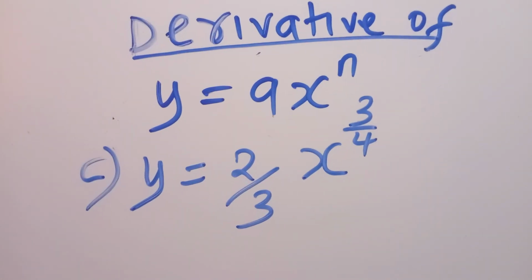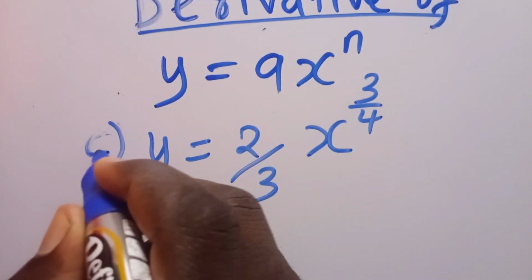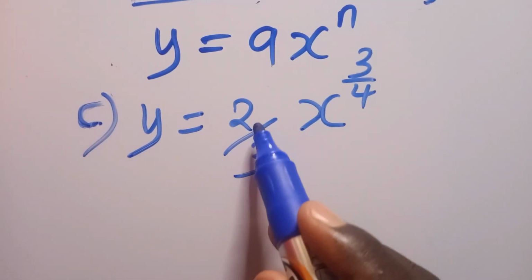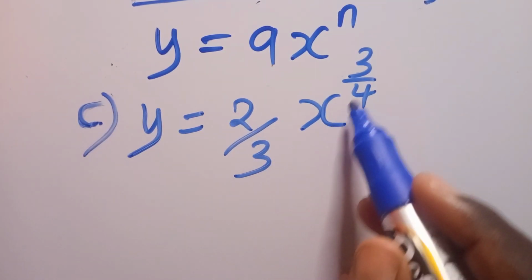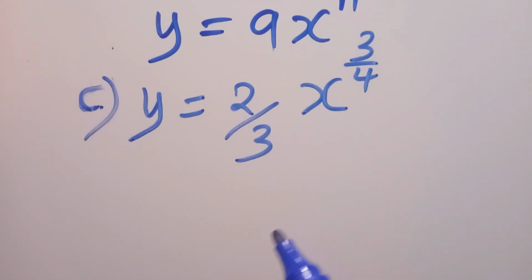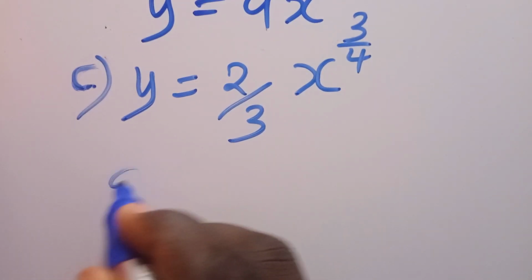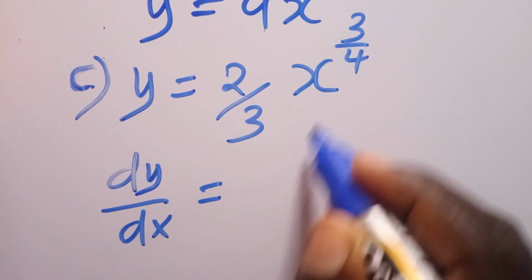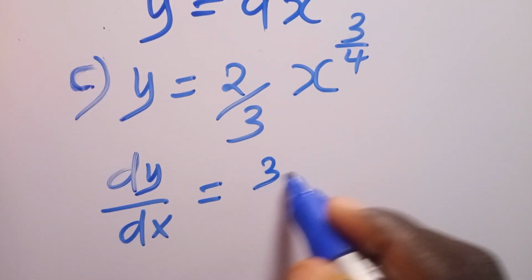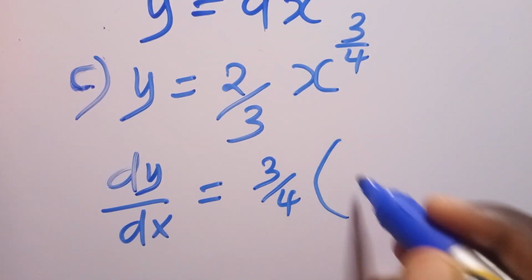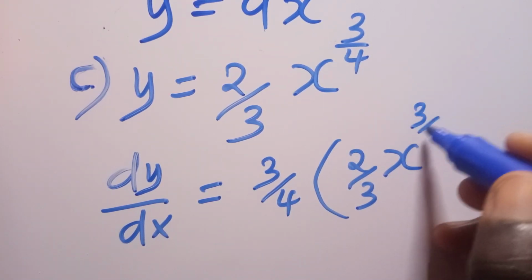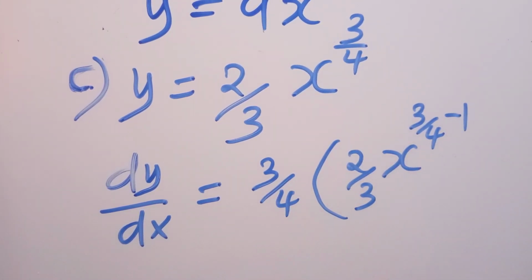Now, let us have a look at the third example, that is y equals 2/3 x raised to 3 over 4. Now, dy over dx will be 3 over 4 times the whole of this function, that is 2 over 3 x raised to 3 over 4, but we reduce 3 over 4 by 1 because it is a power.